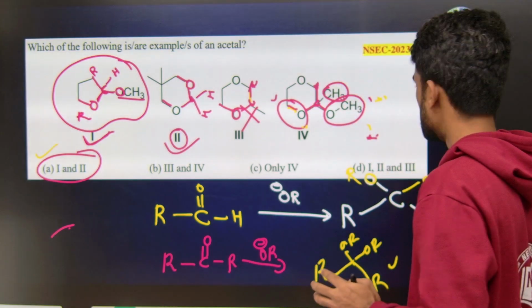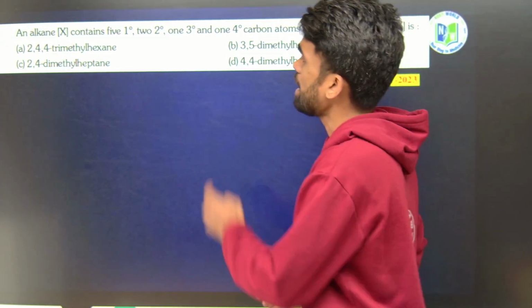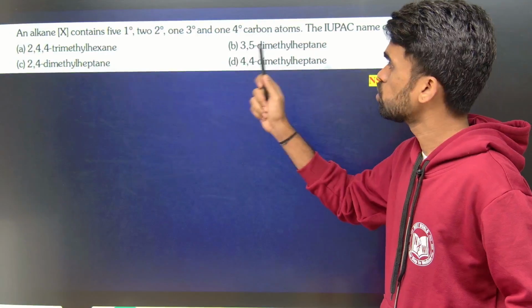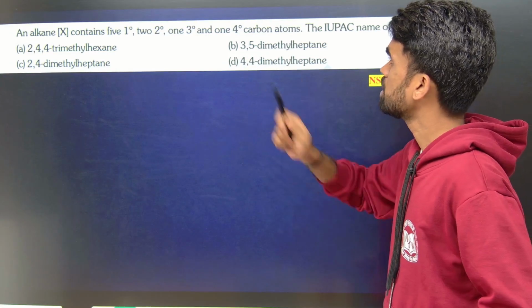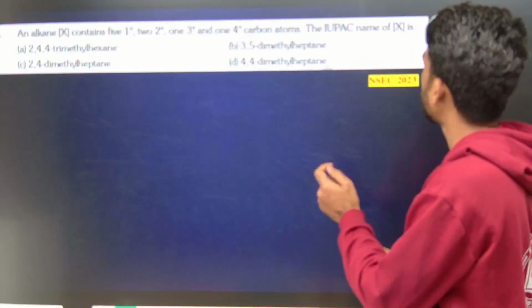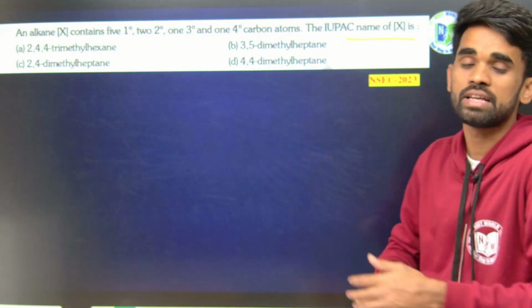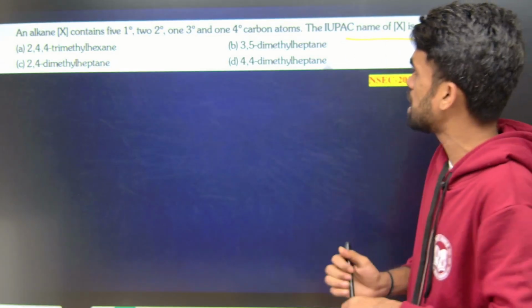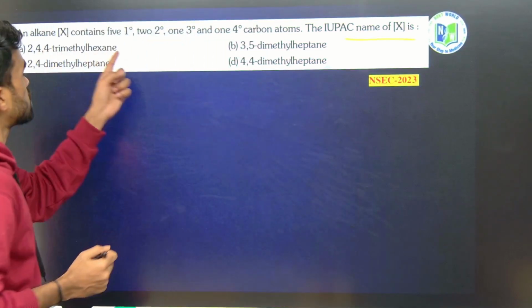Next, here an alkane X contains 5 primary carbons, 2 secondary carbons, 1 tertiary and 1 quaternary carbon atom. So identify the compound from the 4 options and tell me the IUPAC name for that compound X. Very simple. Now just try to write the structures of these 4 options.